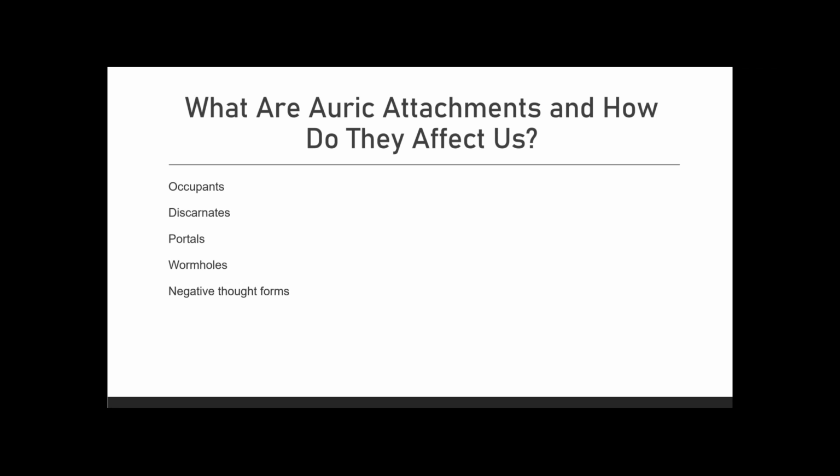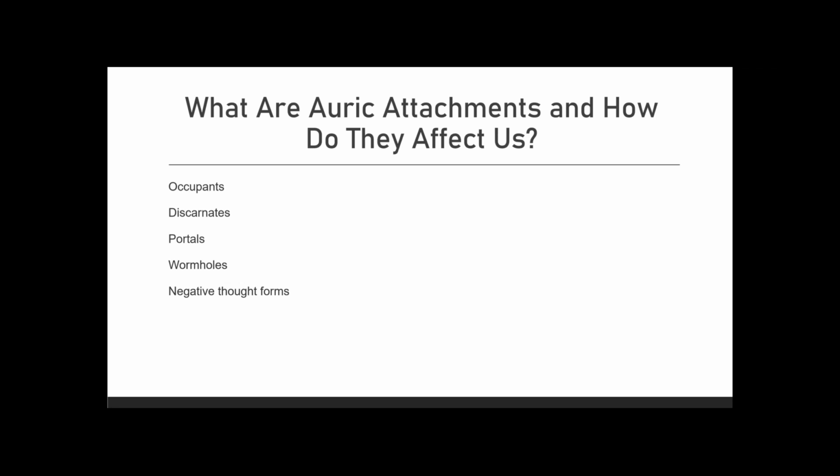Now, the other type of auric attachment are called portals. These are energetic openings in your auric field that allow other discordant energies in. So if you have an energetic portal, then you can be around a really negative person and they can be talking to you and you're feeling worse and worse because you're taking on their negative energy and they're basically energy vampiring you.